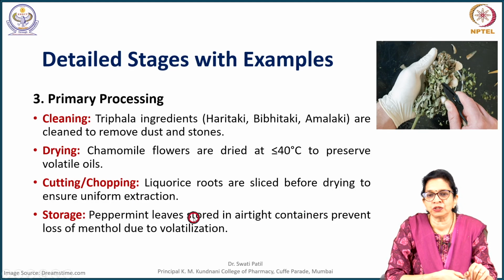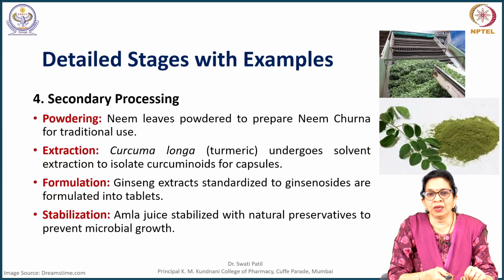Peppermint leaves should be stored in airtight containers to prevent loss of menthol during volatilization. The secondary processing is after storage. This involves, for example, powdering. For example, neem leaves are powdered to prepare neem churna.